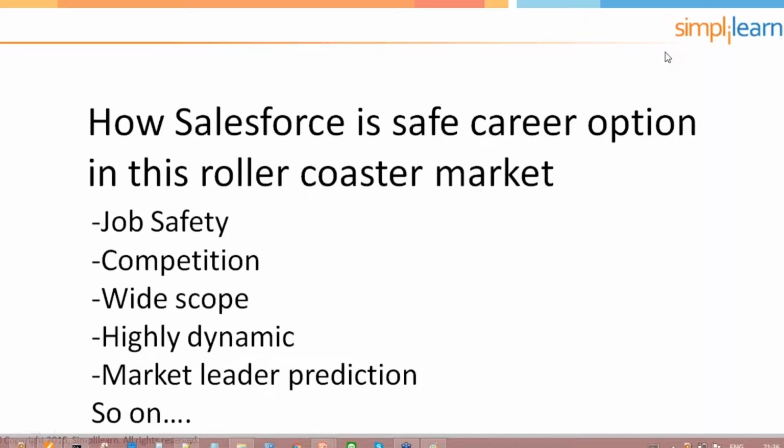Another important point, the reason why Salesforce is in high demand is because it's highly dynamic. What is the meaning of that? See, whatever new concept comes into the market, for example, Internet of Things, wearable devices, Google Glass, customized websites, in all these technologies Salesforce is giving the service.